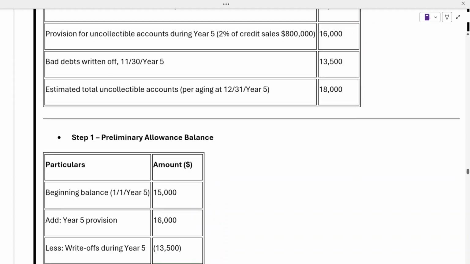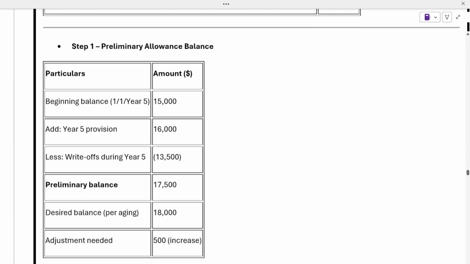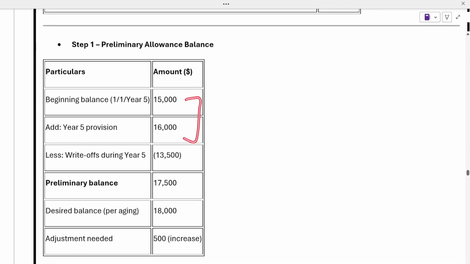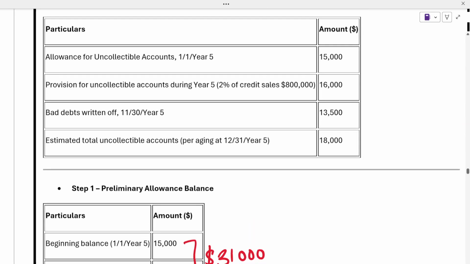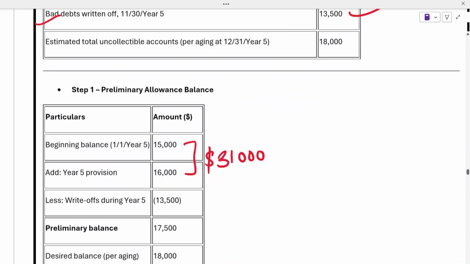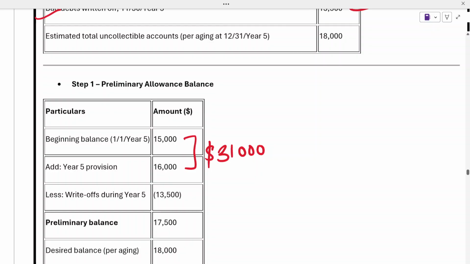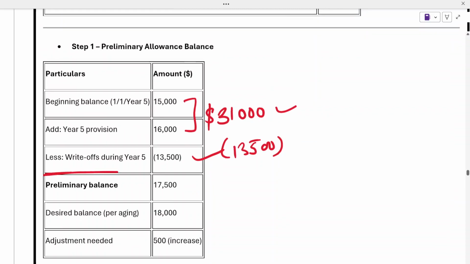So our total, considering both of these numbers, became $31,000. Then we have written off certain bad debts. Now these bad debts will always be reducing our allowance. So this 13,500 has been reduced from this 31,000. Then we can say the balance available within our allowance account is 17,500 as of now.